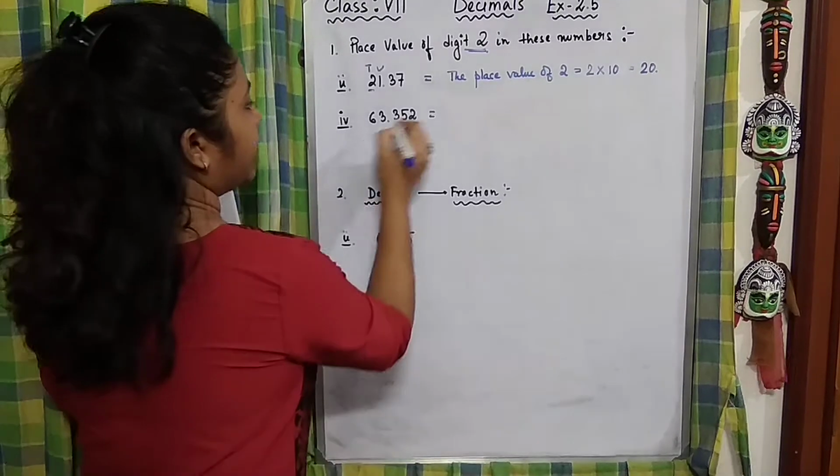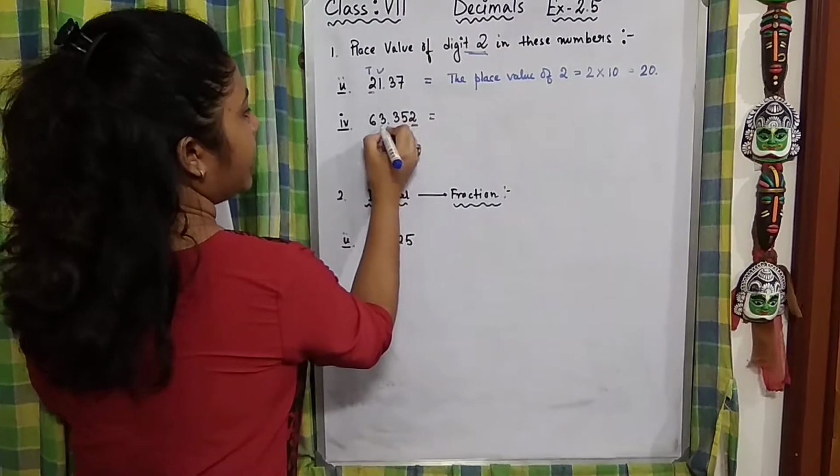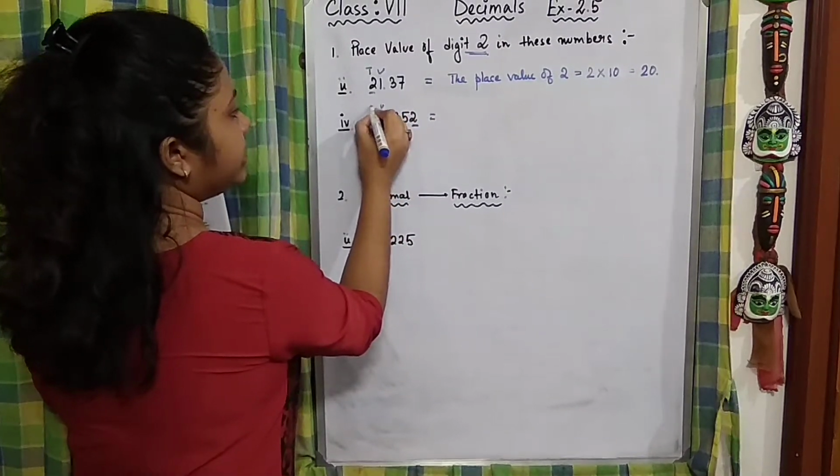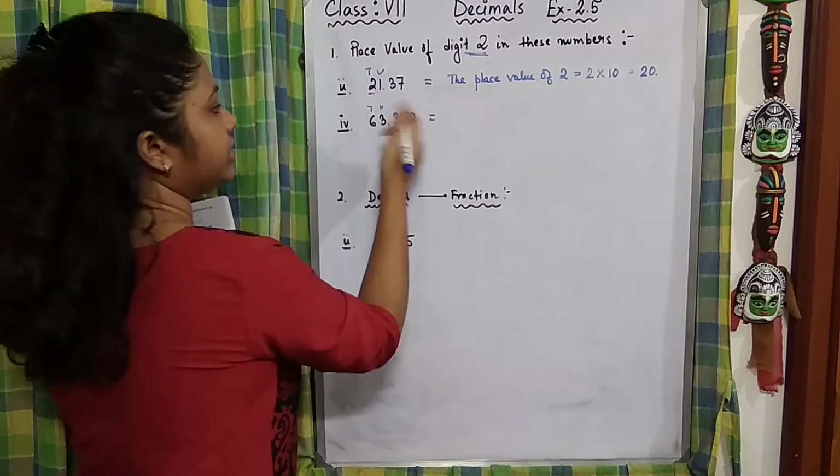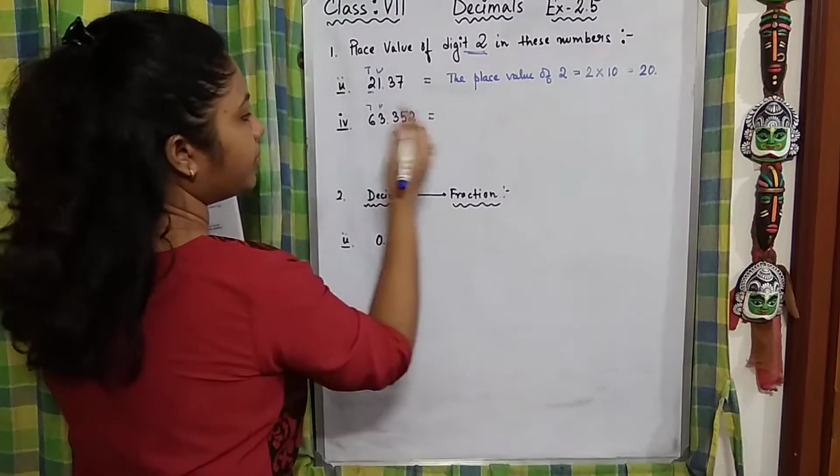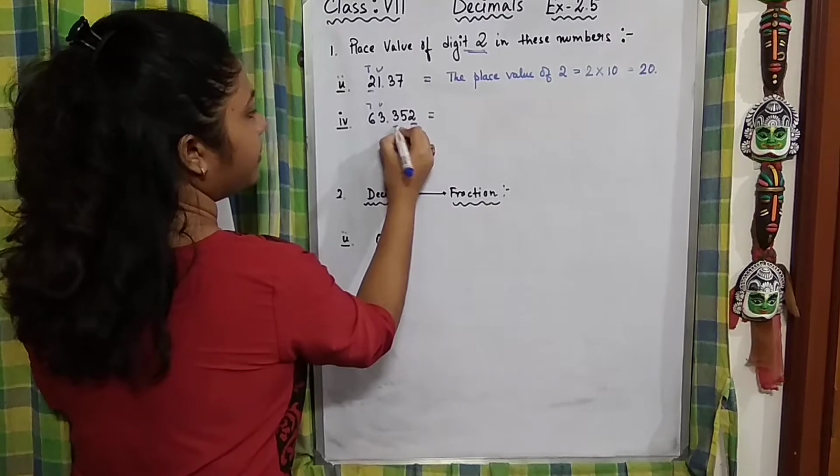Understand? After that, look at this. If this is the units and tens before the point, then behind the point, or after the point, what will it be?